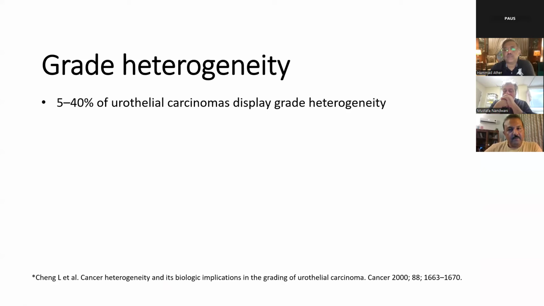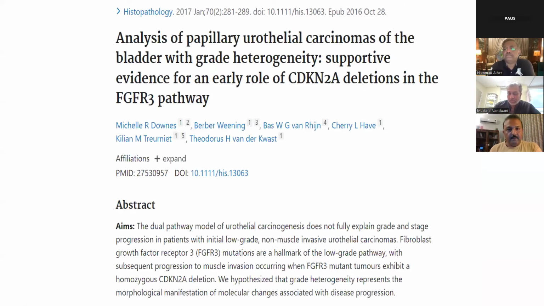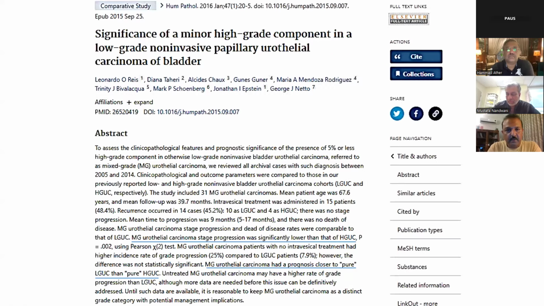So for that, you have to sample the tumor adequately. The current guideline is to submit the entire tumor and see all of the tumor before assigning a grade. We also know that this grade heterogeneity involves molecular alterations like cyclin-dependent kinase inhibitor 2A deletions, which are an underlying cause of high-grade development in a low-grade tumor.